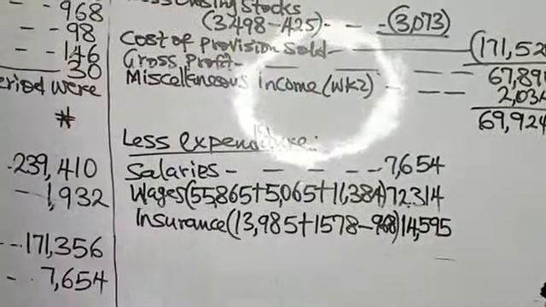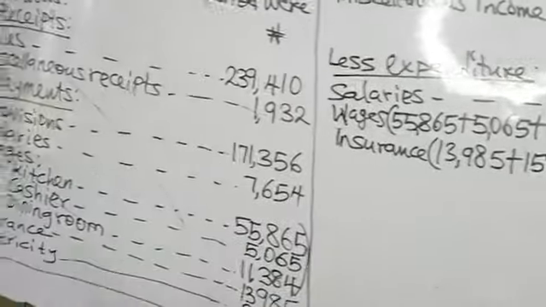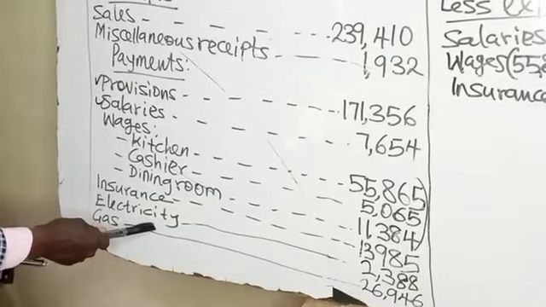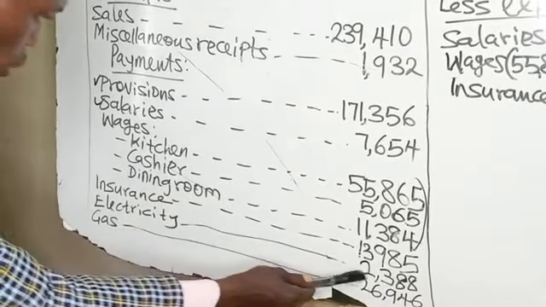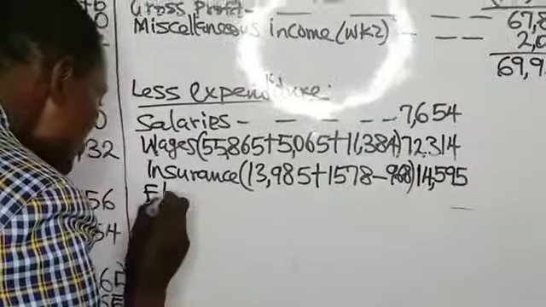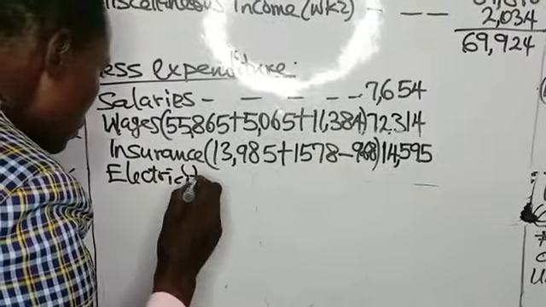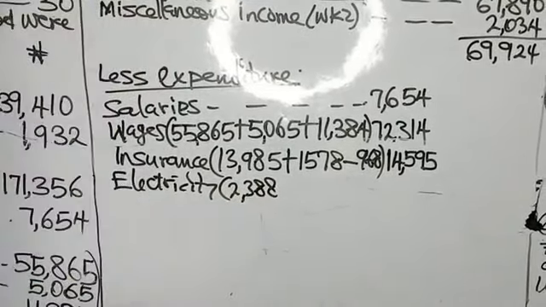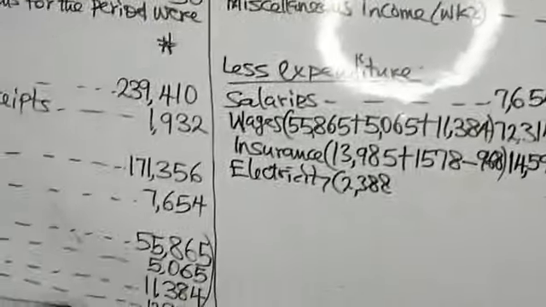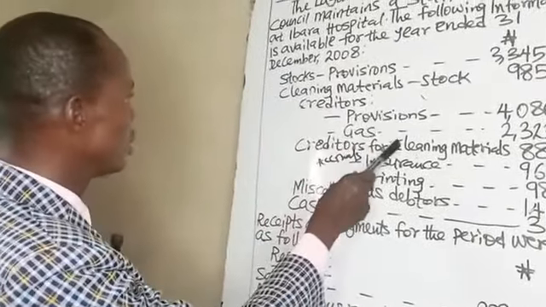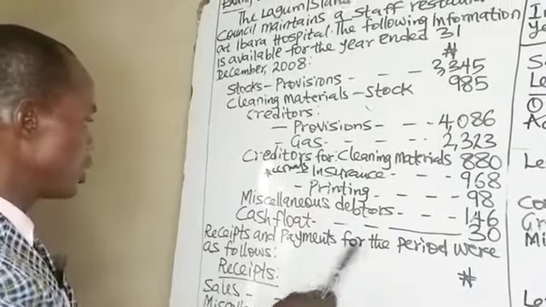Back to the receipts and payments. The next item is electricity, and that amounted to 2,388. Let's check the receipts and payment. The opening entry. Do you have any electricity there? There is no electricity there.